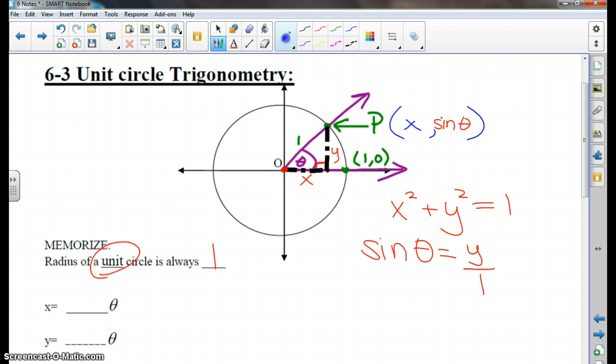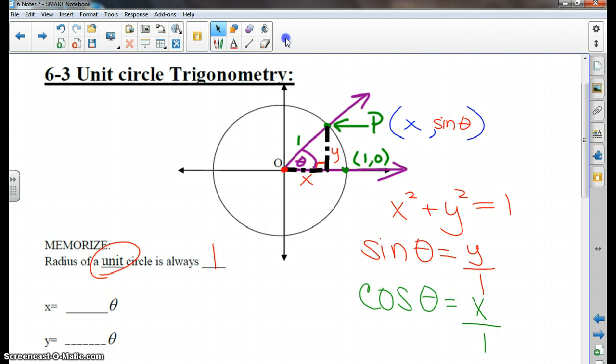Likewise, if I were to take the cosine of theta, I would find that it is the adjacent side over the hypotenuse, or x over 1, and that means that x is the cosine of theta, which means that I can substitute cos theta in for the x coordinate.